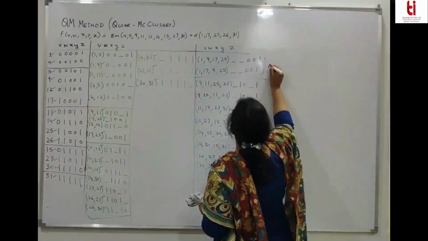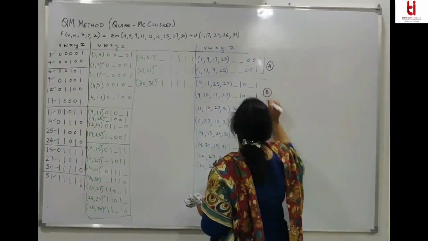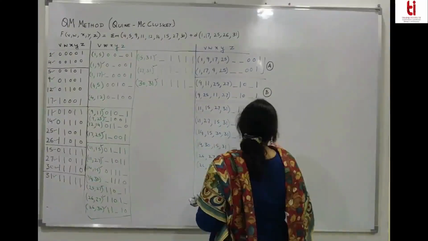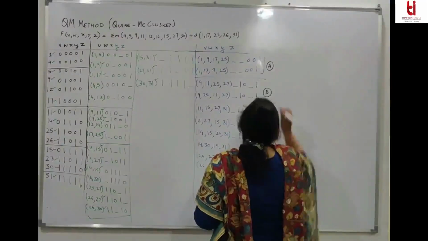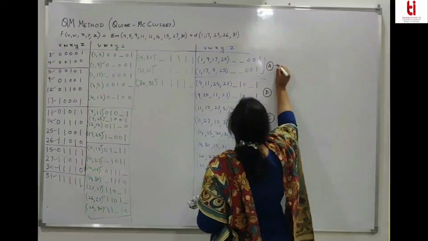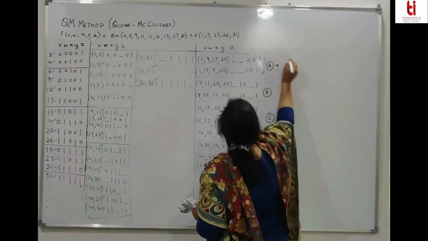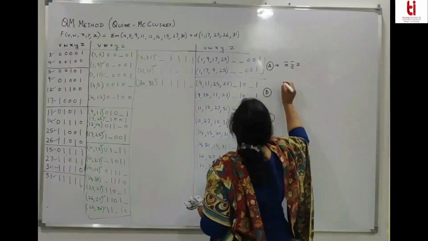You can mark them. This is A, this is B, this is C, this is D, this is E. What is A? It is V, W, X, Y, Z, X bar, Y bar, Z. What is B?